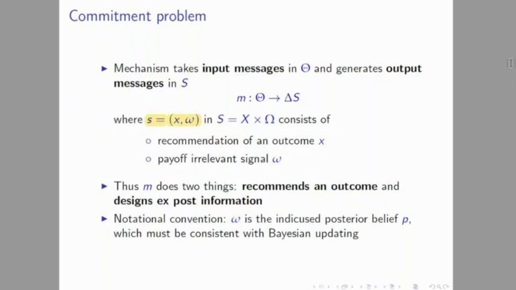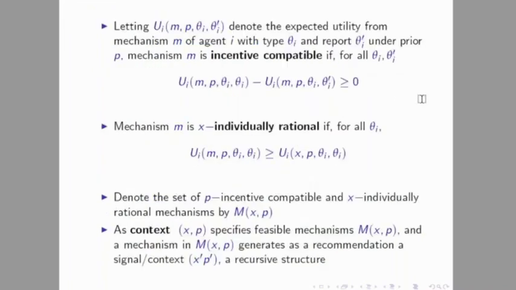So in fact, we can identify the signal with the posterior belief that it generates, and it then has to be consistent with Bayesian updating given the output message of the mechanism. So this simplifies the notation that we are going to develop here.